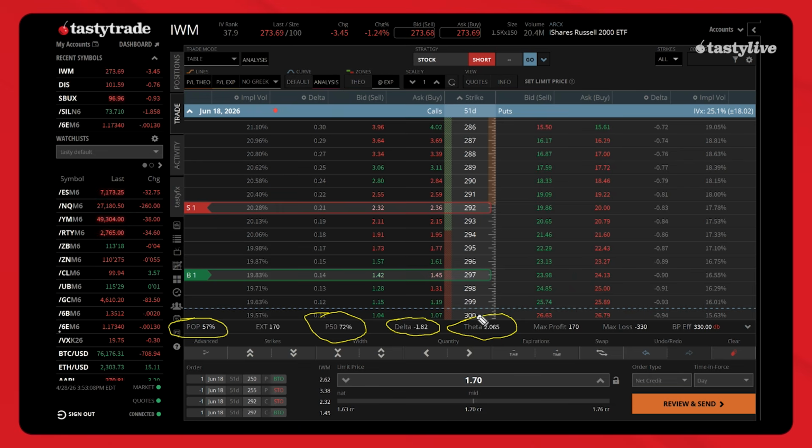There are no long options to muddy the waters, no long options to water down the exposure that I have from the short options. But you see that right here with this theta. Instead of the $12 or $13 a day we had with the strangle, now I've only got $2 a day. So I still have positive decay and time is still working for me, but it's not working nearly as hard as it was with the short strangle strategy.